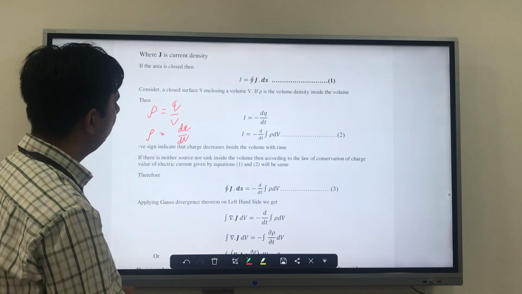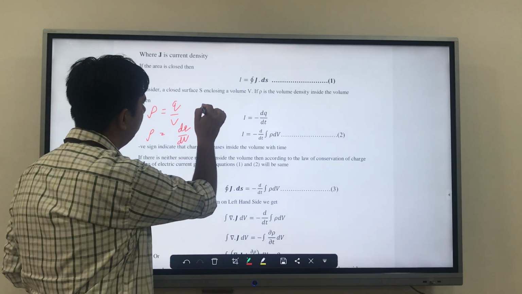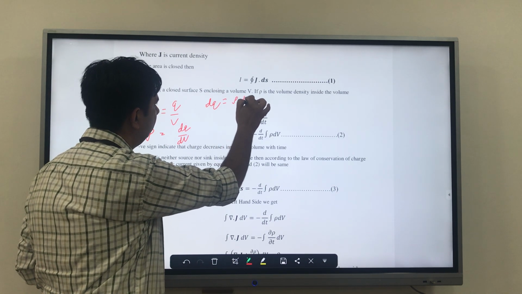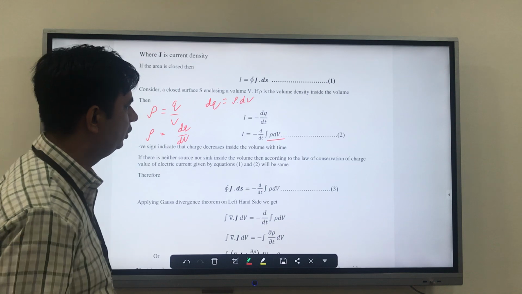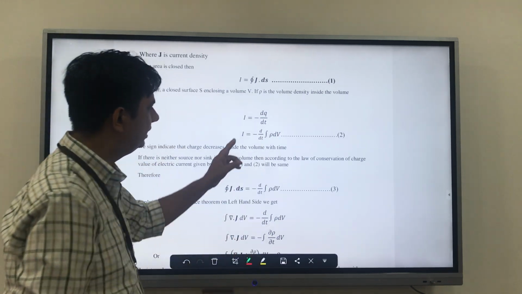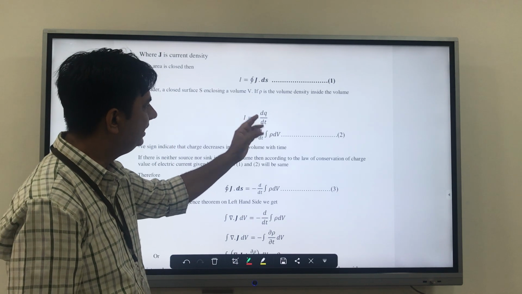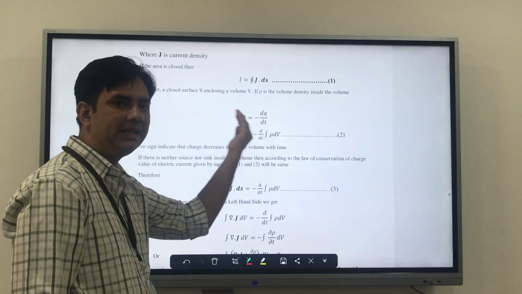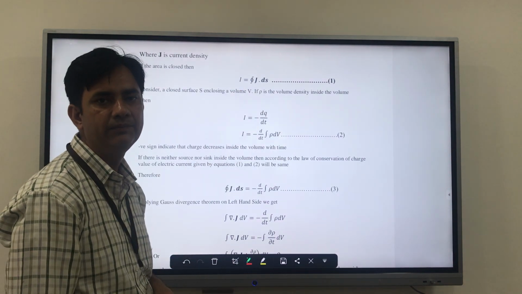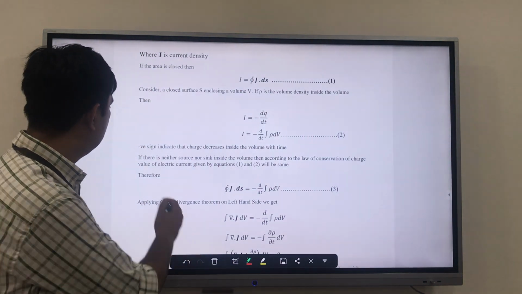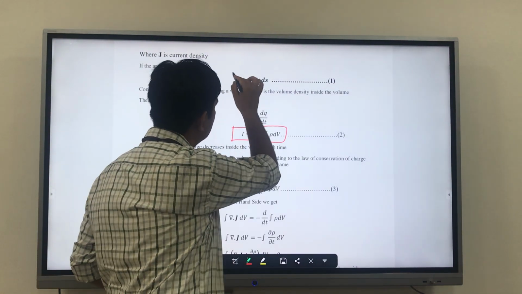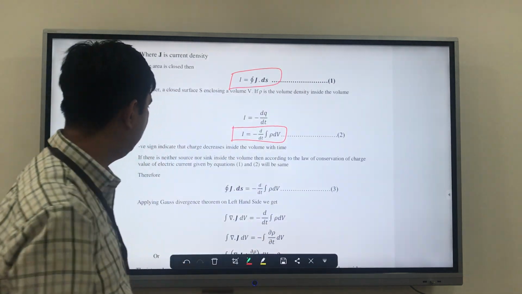In place of dq, we can write dq is nothing but rho into dv, and you can see that my I gets converted into minus d by dt, and we put d by dt outside the integration of rho dv. So this is my second equation. This is my first equation and this is my second equation.